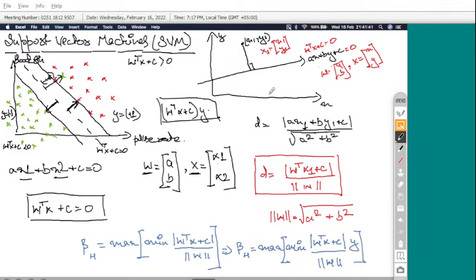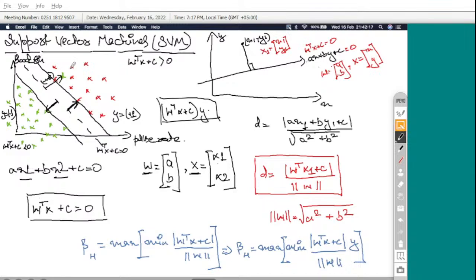Yes, exactly. So to make sure the hyperplane is created in such a way that all the observations are classified correctly, on the right side of the hyperplane, we are creating this hyperplane, right? Why did we multiply it by y? To make sure all the observations are classified correctly, because if there is some observation at this point, this is not right and it would have a negative distance in that case.